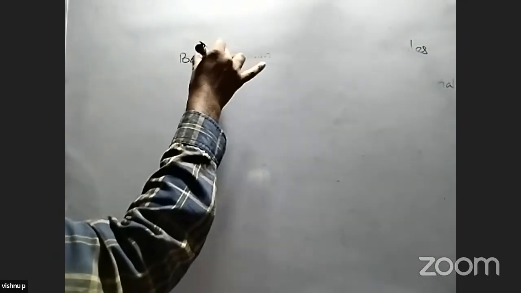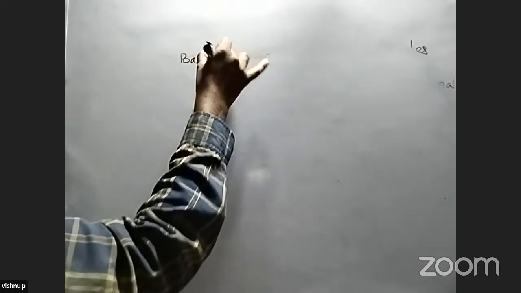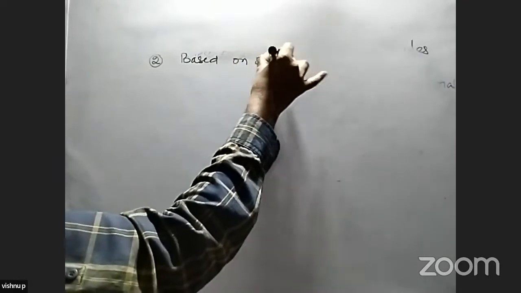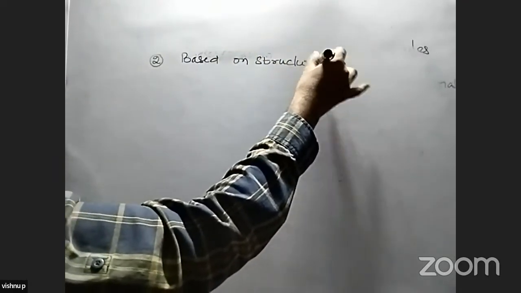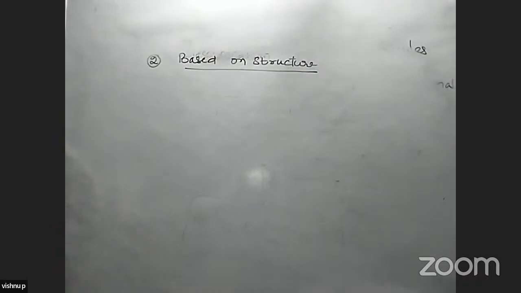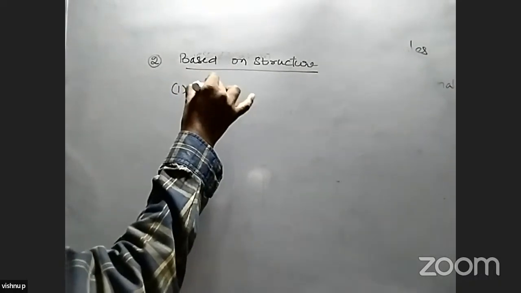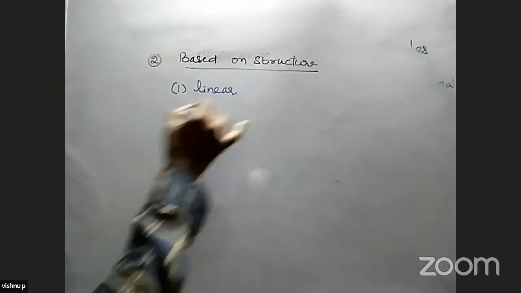The second part of classification is based on structure. Based on structure, how are polymers classified? First is linear polymers.